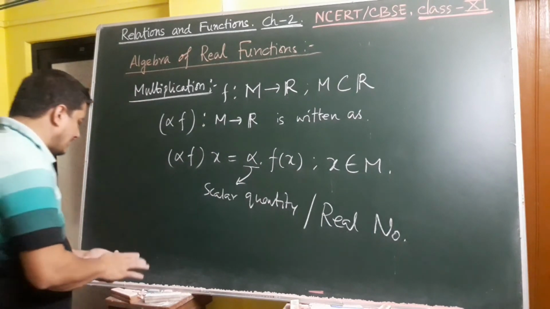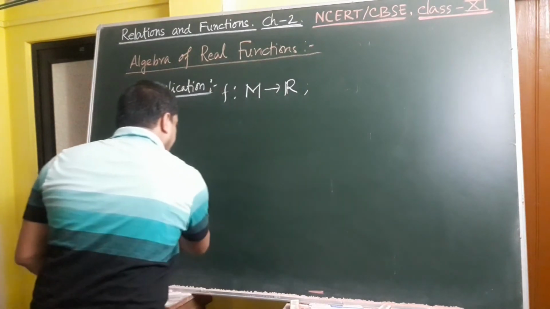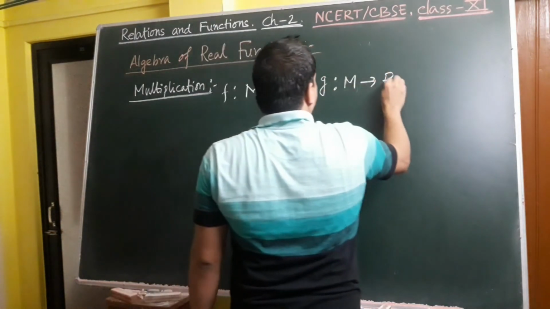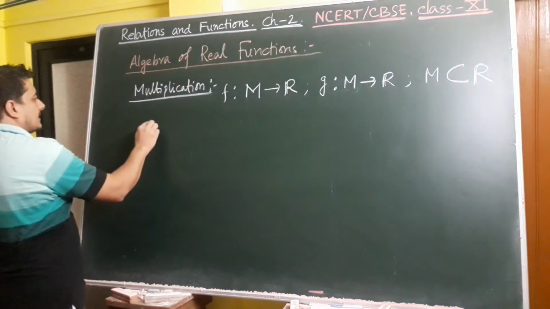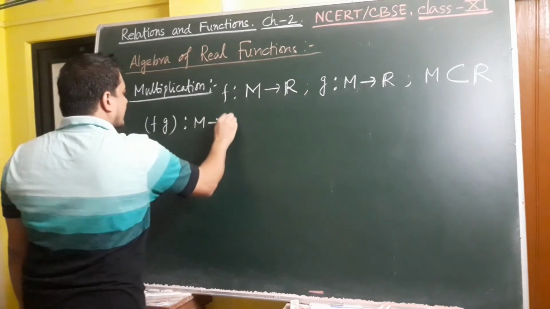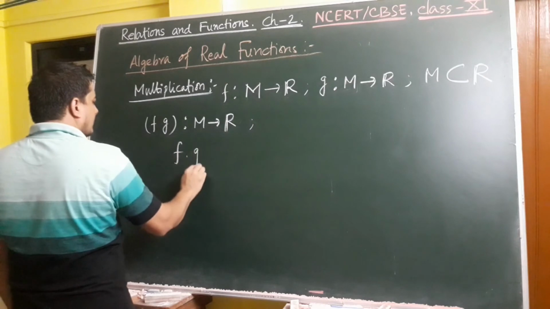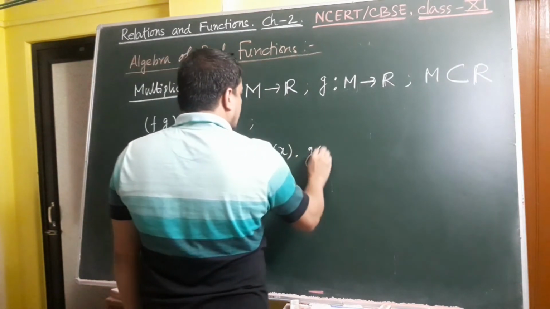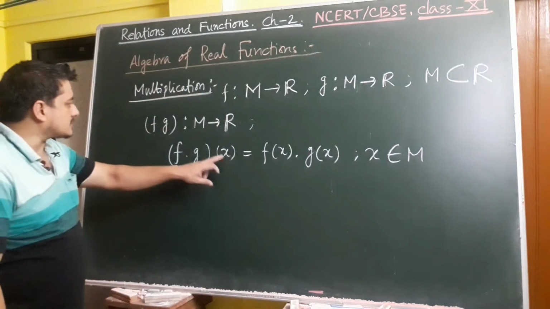Now we shall see multiplying one real function with another real function. Say this is a real function, and this is another real function from M to R, and M is a subset of R. Then f multiplied by g from M to R can be written as (fg)(x) = f(x) into g(x), where x is a member of M, x belongs to this set.